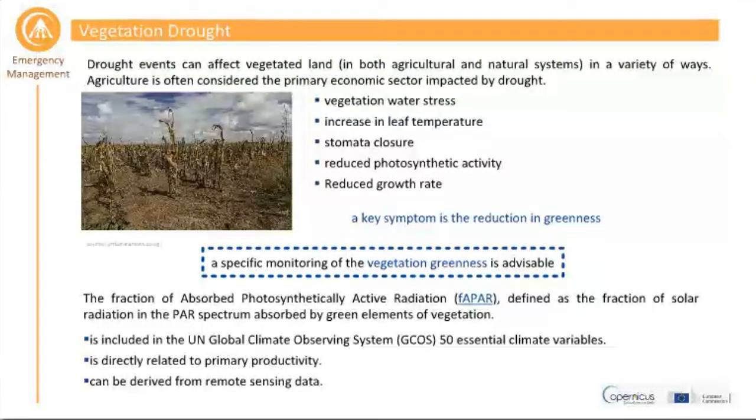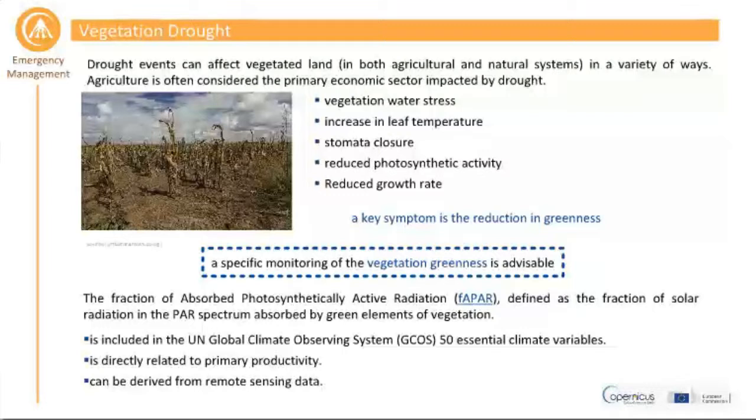Specifically in our system, we decided to use the fraction of absorbed photosynthetic active radiation, or FAPAR, as indicator of greenness. The reason why we choose this indicator among the larger array of indices available in the scientific literature is because it's a physically based quantity that is included by the United Nations amongst the 15 essential climate variables.